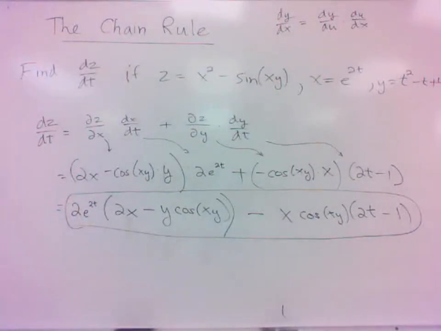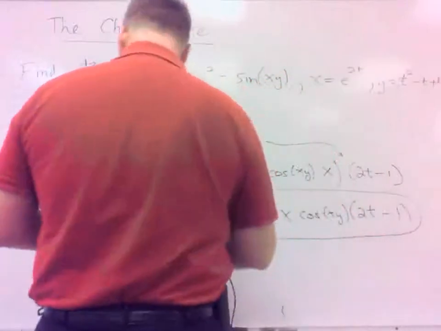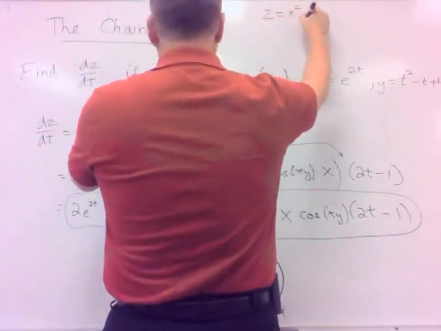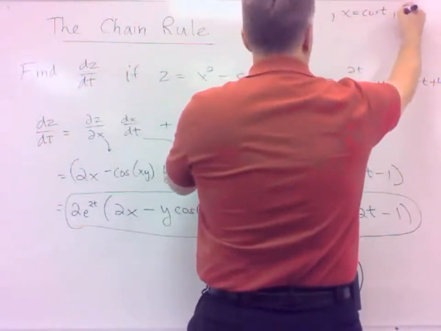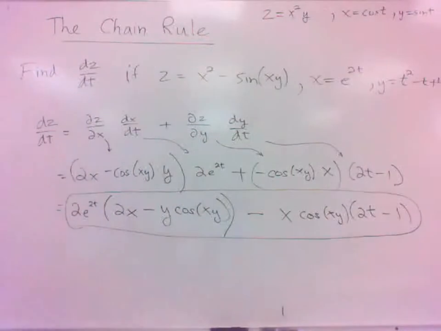Now, one point to be made here. What was that first one I did? z was x squared y, x was cosine t, y was sine of t.